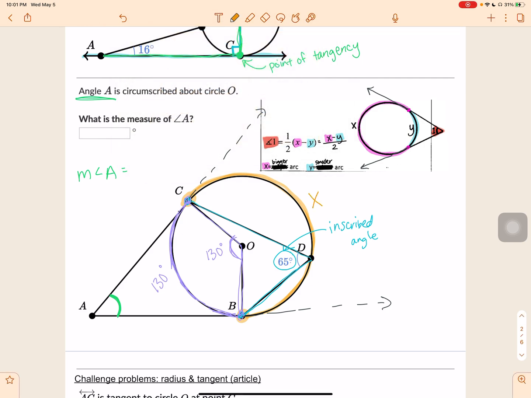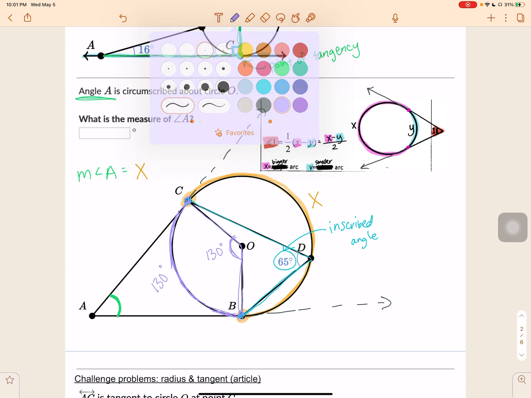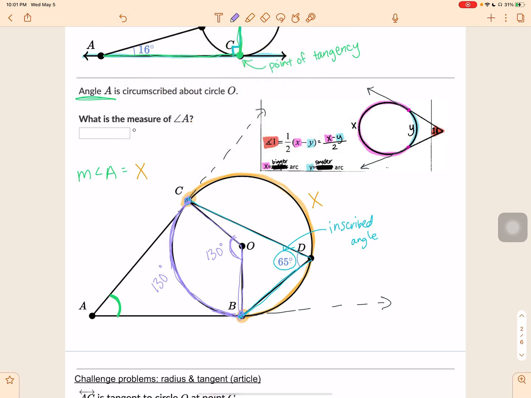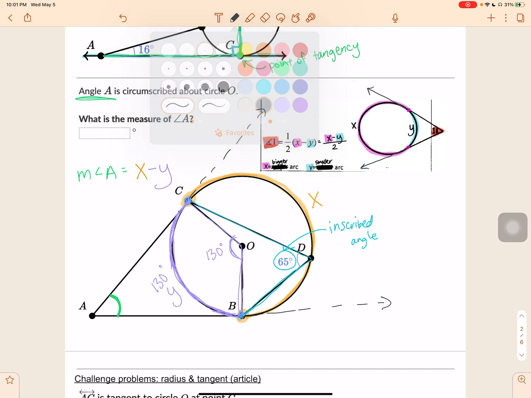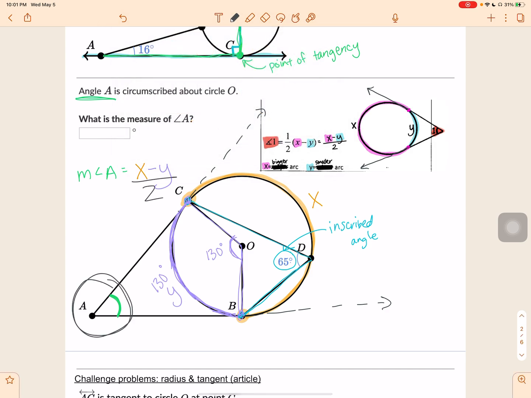So I need to know the measurement of X, and then I need to know the measurement of this inside one, which we actually do, but we'll call that one Y. X minus Y divided by 2 will give us the measurement of this angle A that is outside of the circle and has 2 tangent lines that touch the circle. Okay, so we take the bigger arc and subtract the smaller arc from that and then divide by 2.